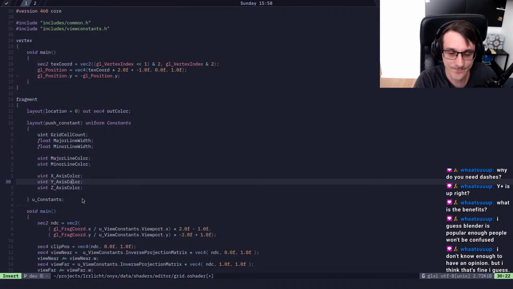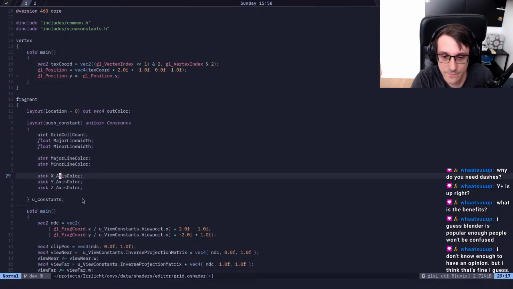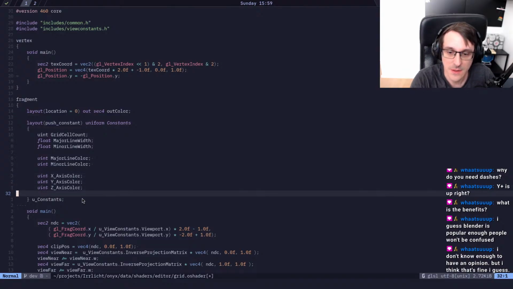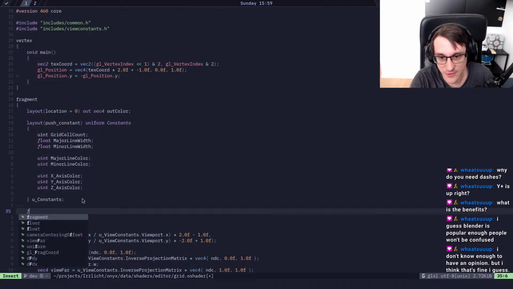Probably, right? Although it's quite a lot bigger. So maybe not. One way would be to have a function here to convert it, right? Basically a vec4.